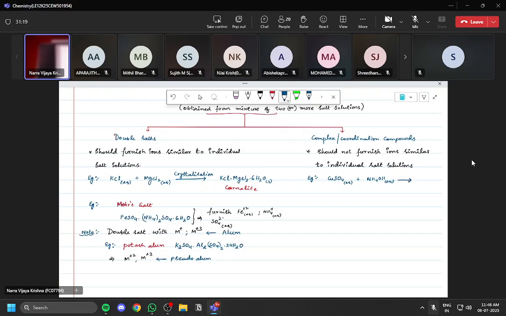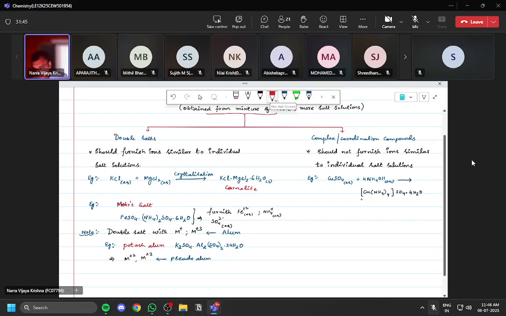That will dissolve again to form [Cu(NH3)4]SO4·H2O complex. This is the complex obtained.